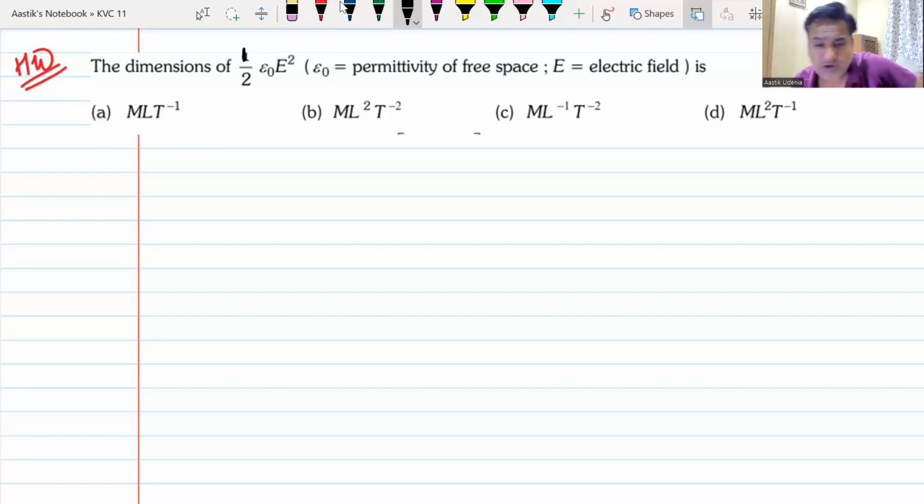You may not note down the option because that is irrelevant. Noting down the option does not make any difference. You just note down the question. The question basically is what is the dimension of this particular quantity which I have highlighted in yellow. That is the only question that needs an answer. Do we understand this? Yes or no?